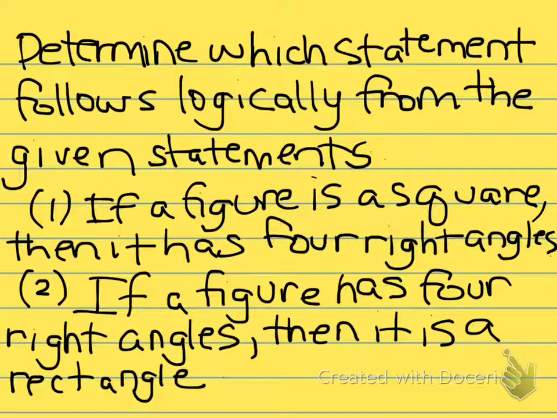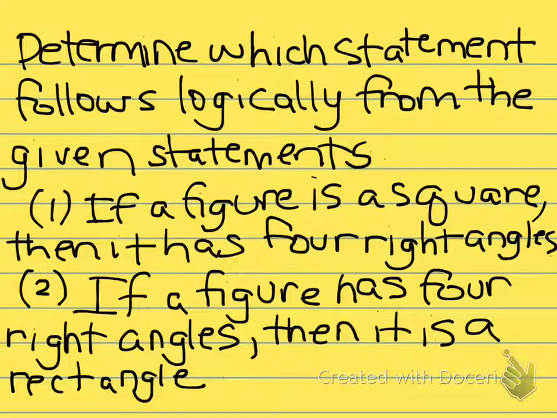Now we're going to determine which statement follows logically from the given statements, and this is more using the law of syllogism. So if a figure is a square, then it has 4 right angles. That's our first statement. Then if a figure has 4 right angles, then it is a rectangle. Think about the law of syllogism.